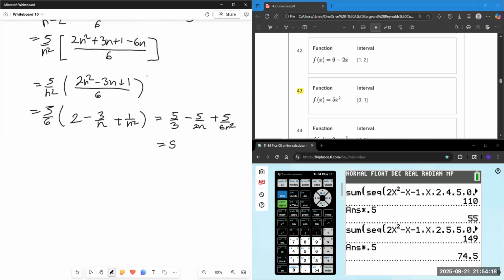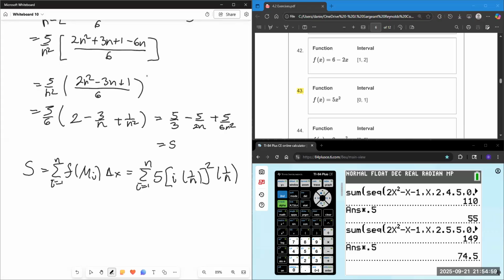My uppercase S is going to be the summation from i equals 1 to n of f of capital M sub i delta x, which is equal to summation i equals 1 to n of 5 times i over n quantity squared times 1 over n. It's just like before.